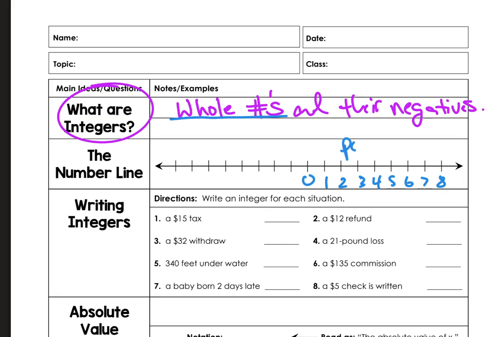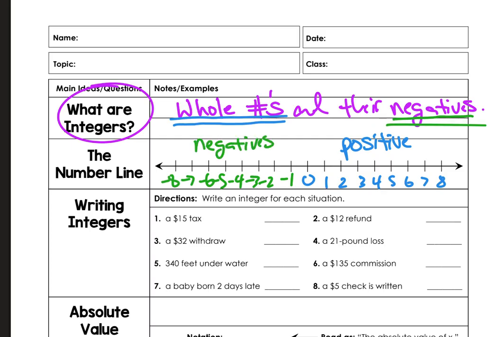These are positive whole numbers. Okay, so now their negatives would be like -1, -2, -3, -4, -5. You get the idea. These are the negatives. Okay, so these are examples of integers.